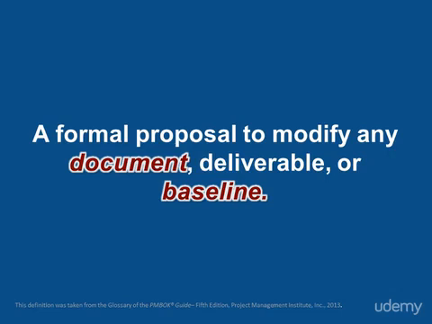You can't just willy-nilly go in there and make changes without having a change request. And if you change your cost baseline, guess what? You need a change request. And you need to create and process the change requests in accordance with the Perform Integrated Change Control process.